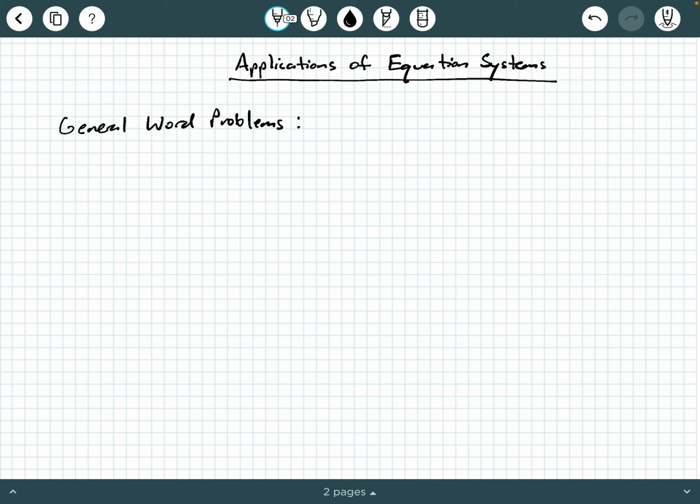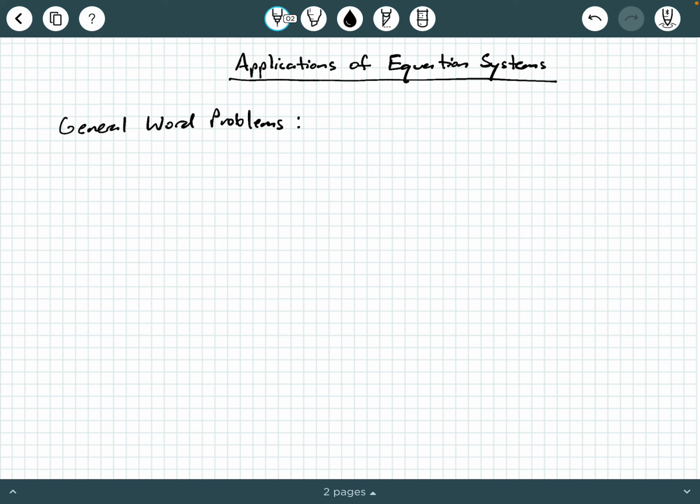A lot of people, when they were back in high school, did not like word problems very much. Word problems are not as intimidating or as scary as you may originally have thought. A word problem is really just a math problem in disguise. It's just a math problem that has a story associated with it, okay?